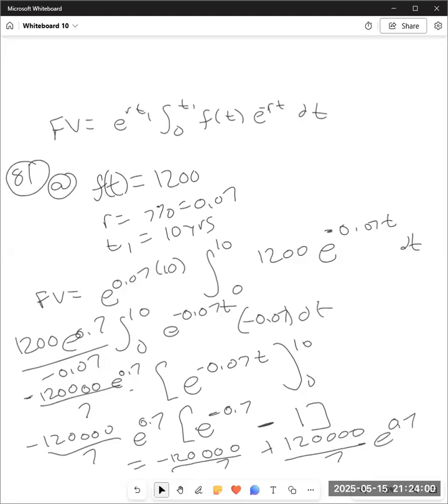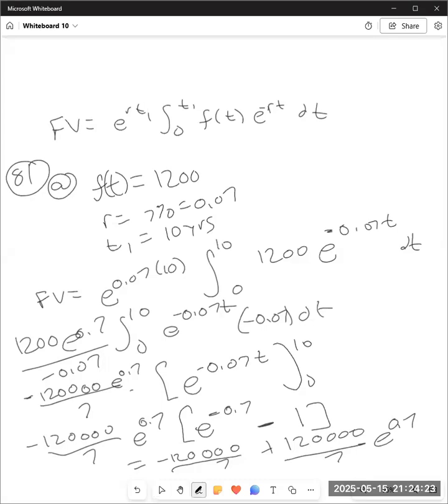So this is 12000 over 7 times e to the 0.7 minus 1 in parentheses.